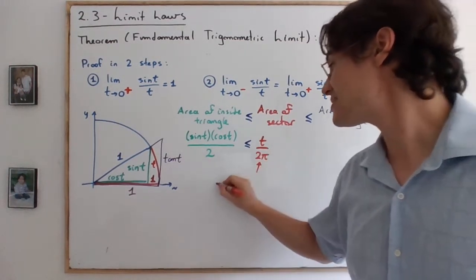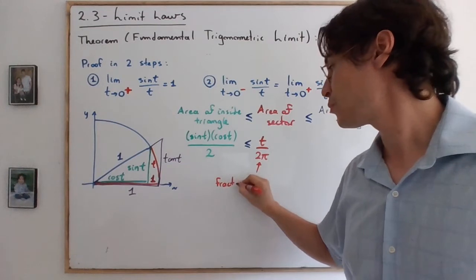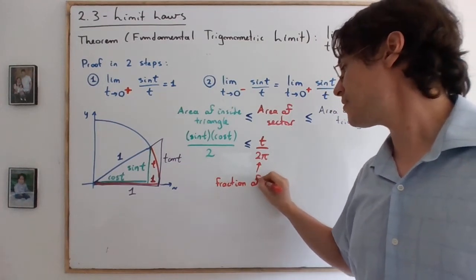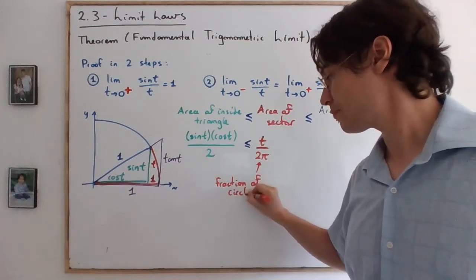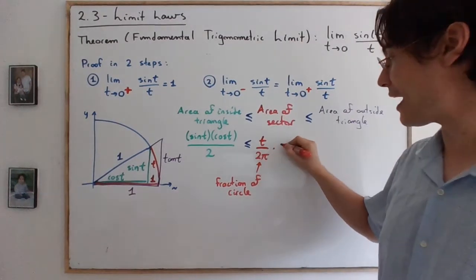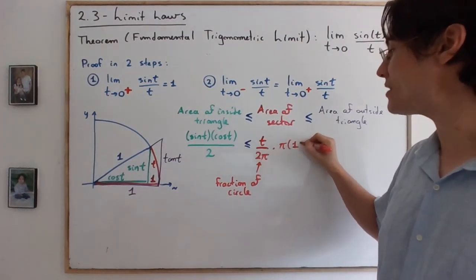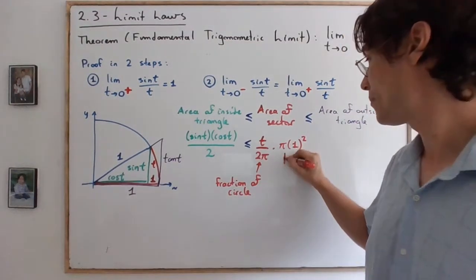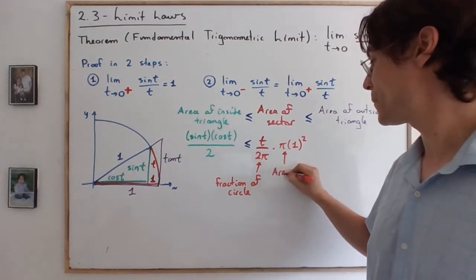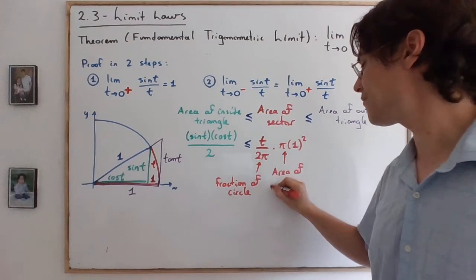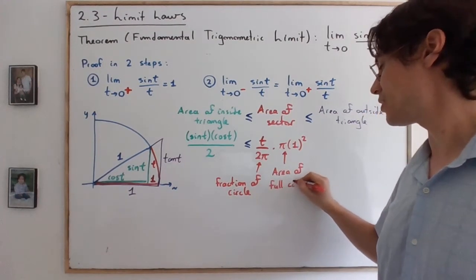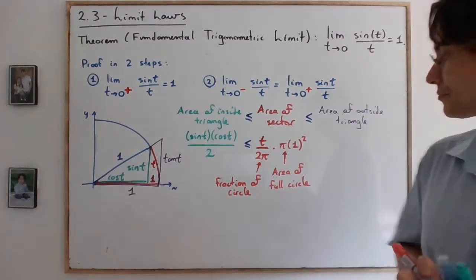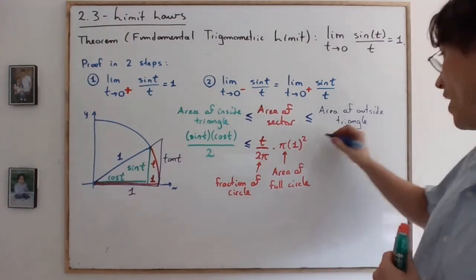This is the fraction of the circle, multiplied by pi times 1 squared, which is the area of the full circle. So we got that.